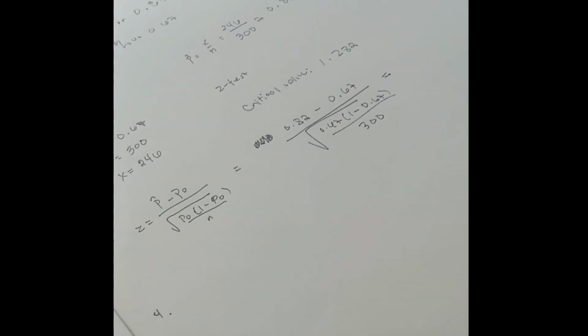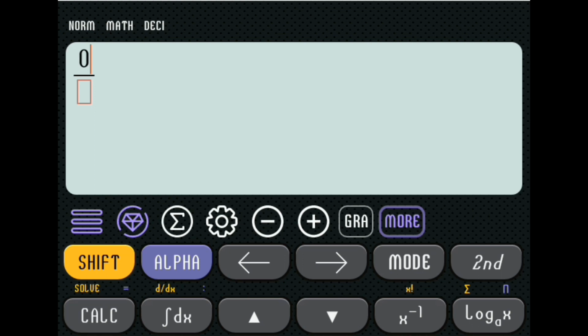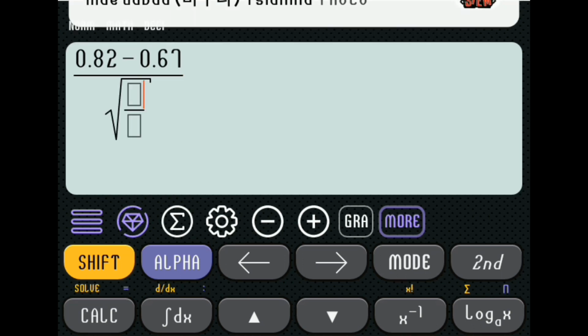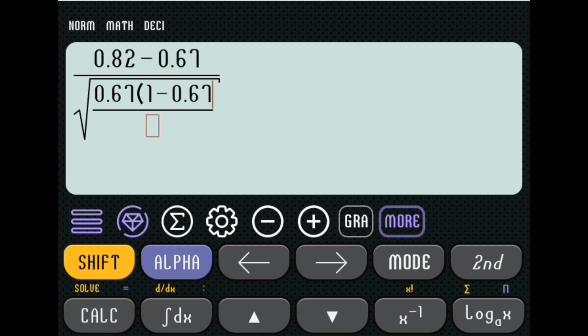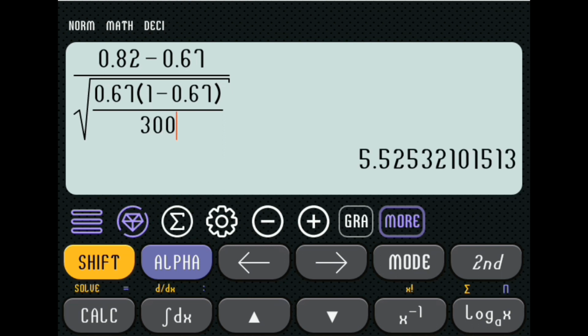So, our answer is, input muna natin siya sa calcu. So, we have 5.5253.